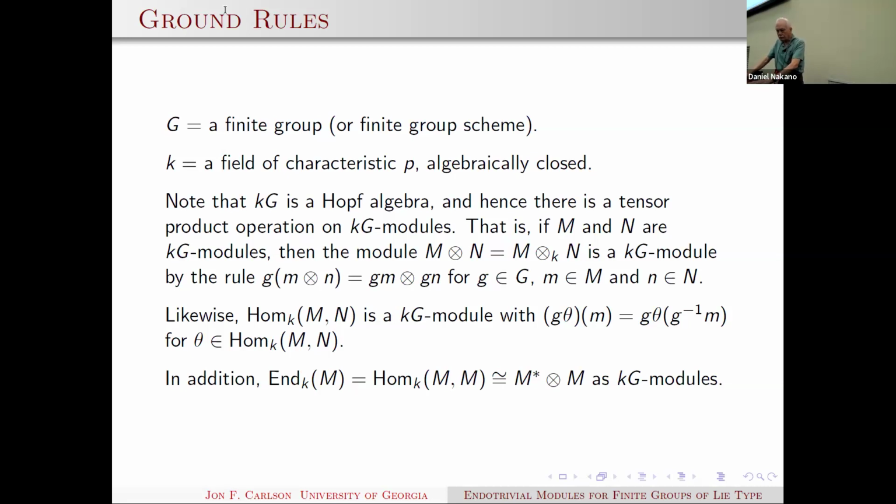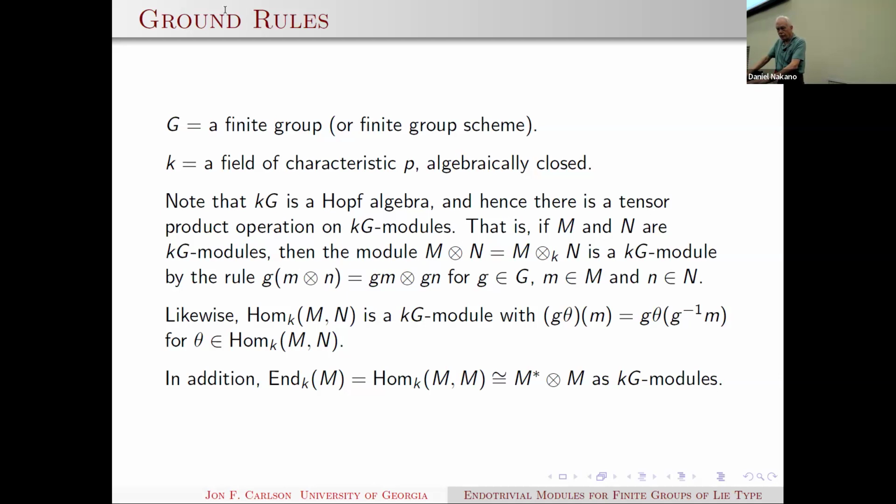Okay, the group algebra kG. We have a tensor product operation given by the usual diagonal coalgebra structure. If I've got two modules M and N, I can make Hom_k(M,N) into a kG-module by the usual conjugation action.